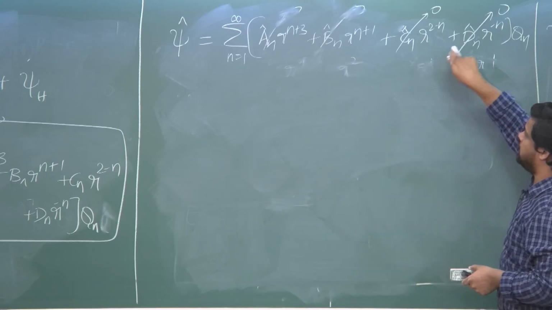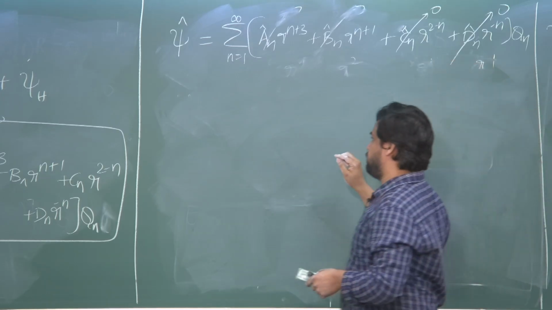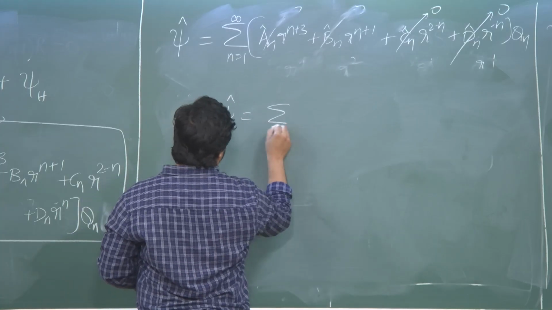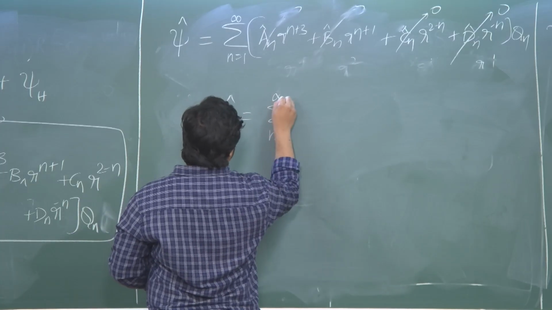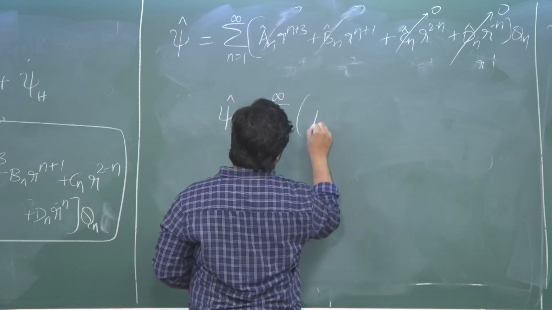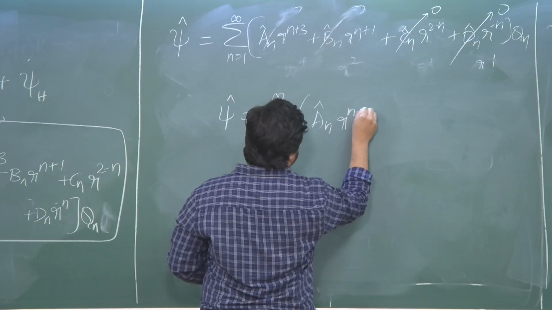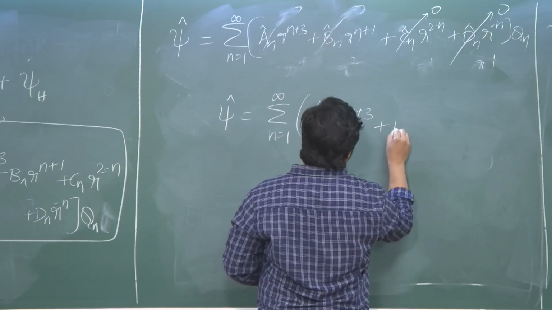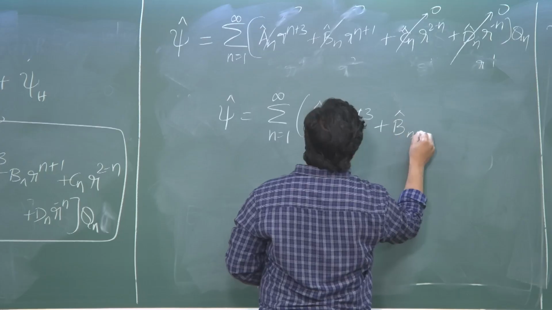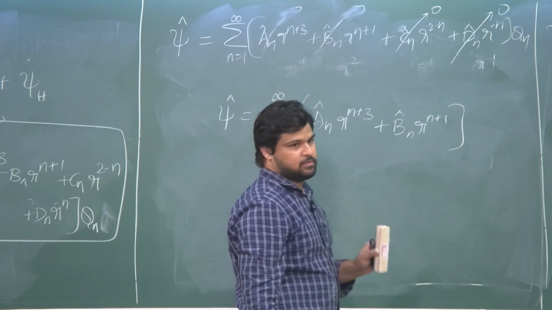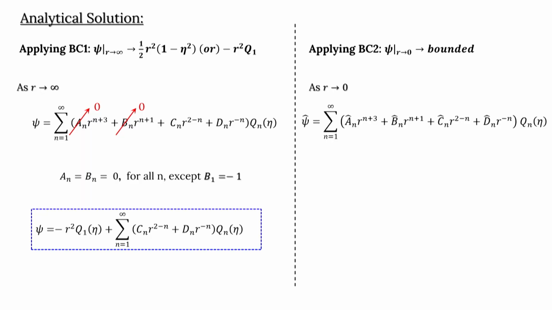So, I am making Cn and Dn equal to 0. So, from here you will get psi cap equal to sigma n equal to 1 to infinity an r power n plus 3. This is the final form of equations.